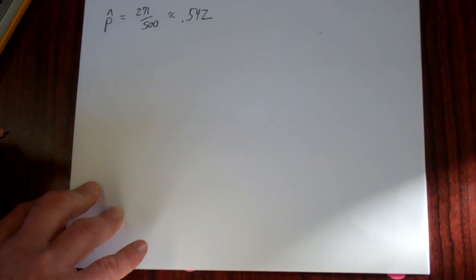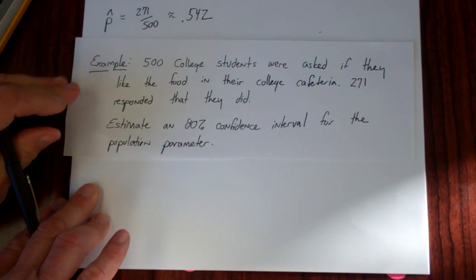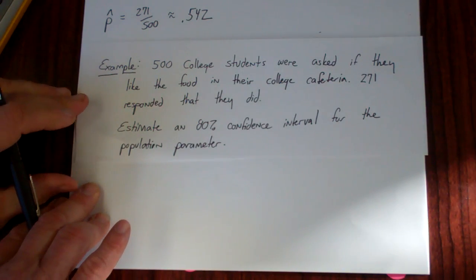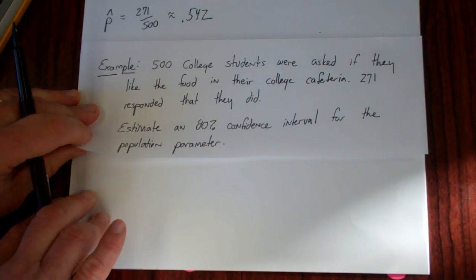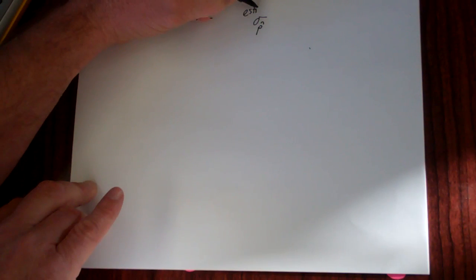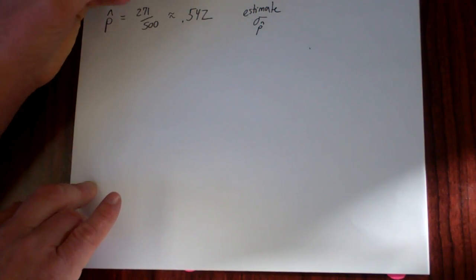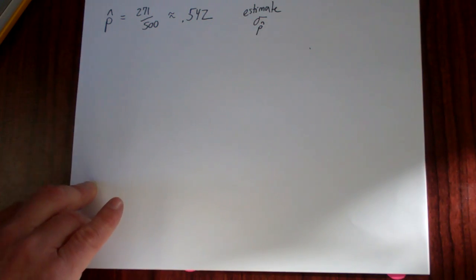And then the second thing you need to do, if you notice, let's look at our problem here. We weren't given the true population p, or any kind of standard deviation. So we're going to have to calculate sigma p hat, but we're going to estimate that. That's going to be the standard error of our statistic.